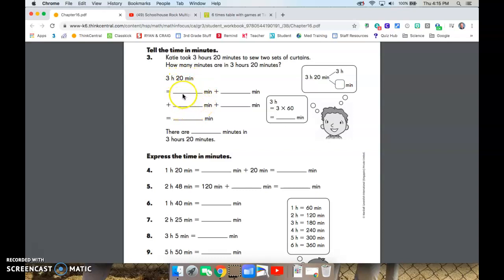So 60 plus 60 plus 60, well, that's basically, like I said in the times tables, 3 times 6 is 18. So there's 180. You put a 0 at the end, which is 3 times 60. If you cover the 0 up there, 3 times 6 is 18. Add your 0, 180. Plus the 20 minutes is 200. So there are 200 minutes in 3 hours and 20 minutes.